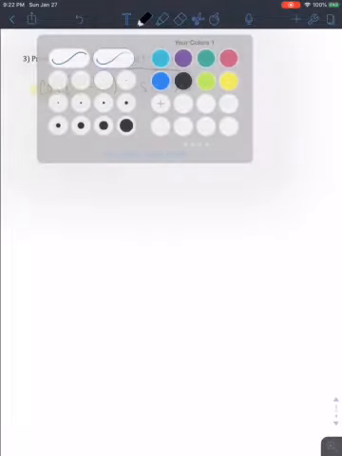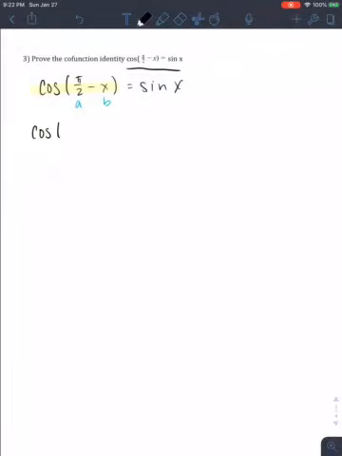So we're going to get the cosine of a minus b is equal to cosine a times cosine b plus, it's always the opposite of the sign you have here for the sum and difference of cosine, and then sine a times sine b.